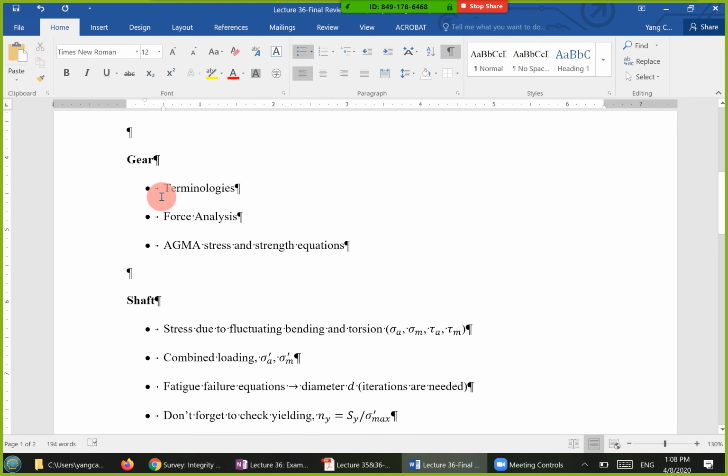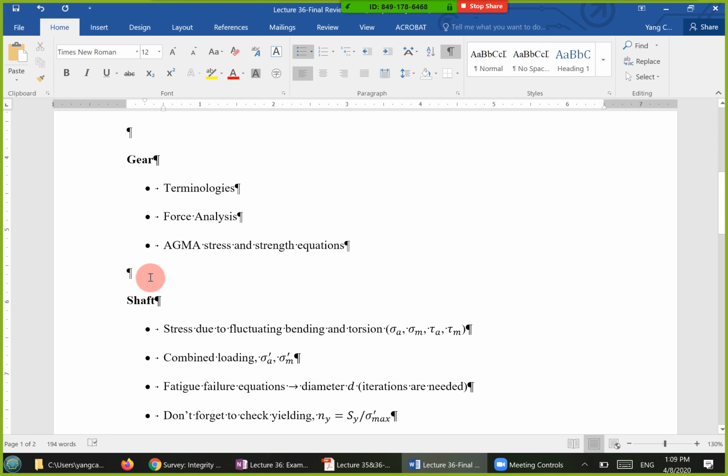So when you review, make sure you look at this and ask yourself, are you familiar or comfortable with the information behind this topic? Terminology. There is a lot of terminology for gears. Now, since the design project has been modified to only design for the gear, by this time I would expect that you should be very comfortable or familiar with gear terminologies, including force analysis and also the design using AGMA equations.